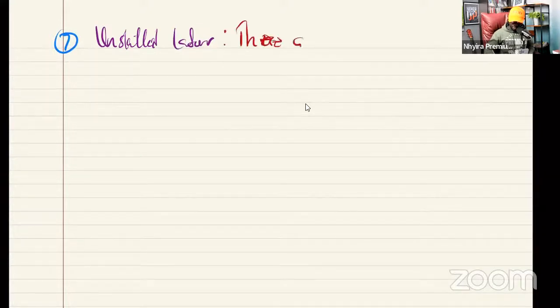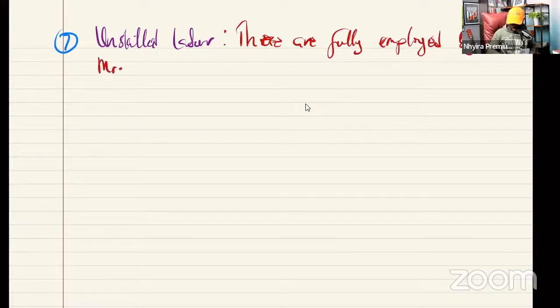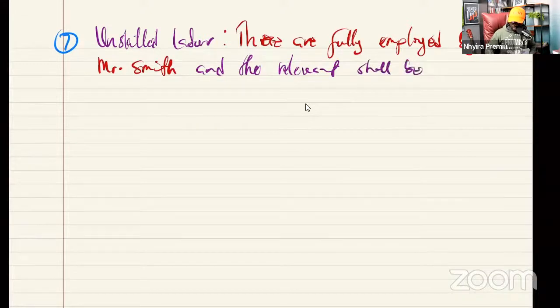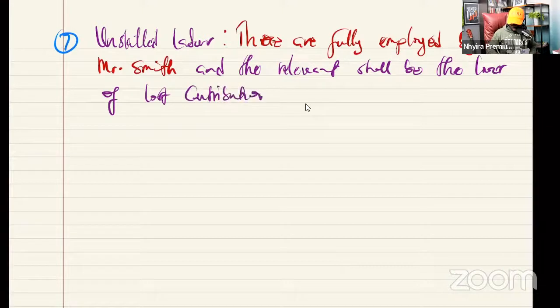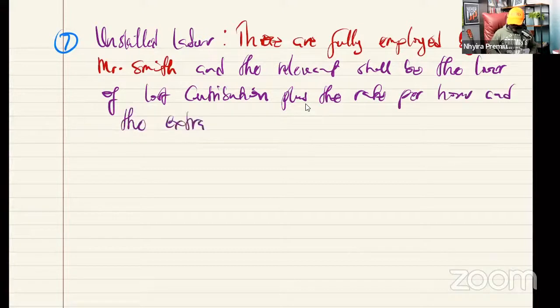These are fully employed by Mr. Smith, and the relevant cost shall be the lower of lost contribution plus the rates per hour, and the extra hiring rate per hour.